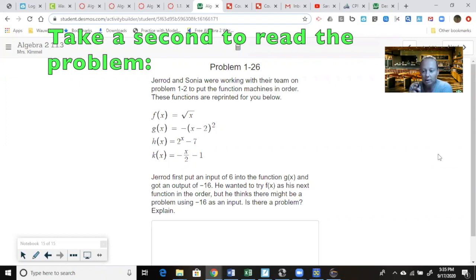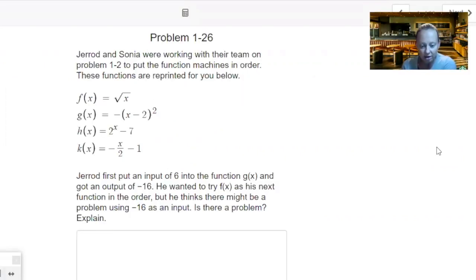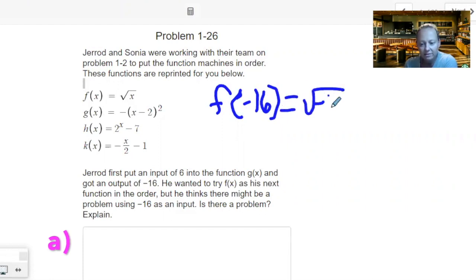So in problem 1-26, it's asking you if it is possible to input a -16 into function f of x. So if I were to ask to do f of -16, that would ask me to try to do the square root of -16.